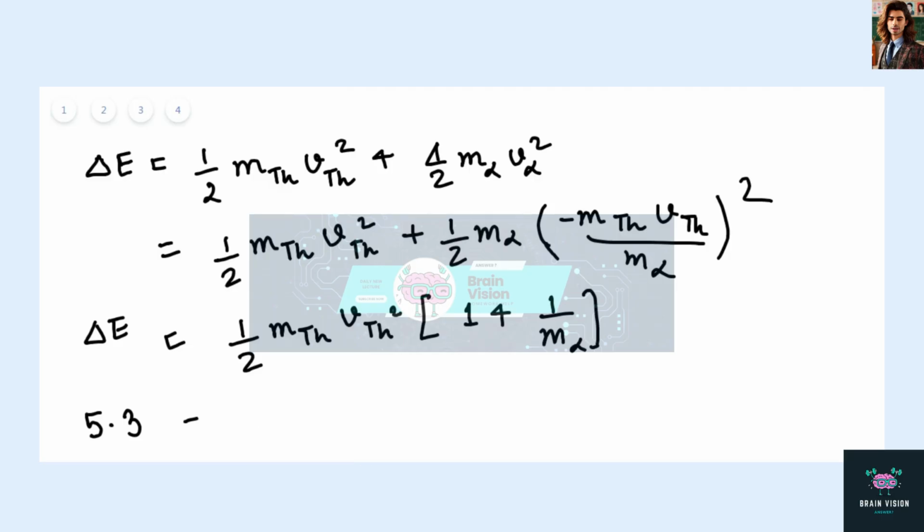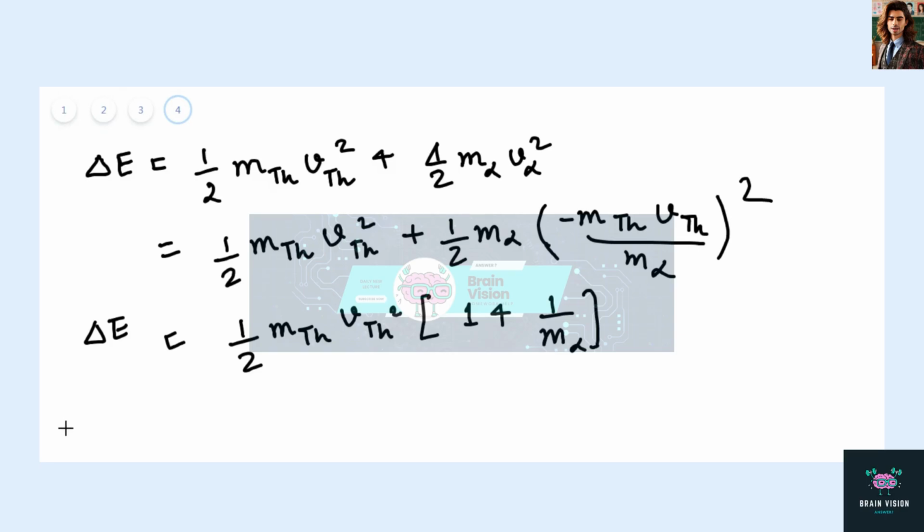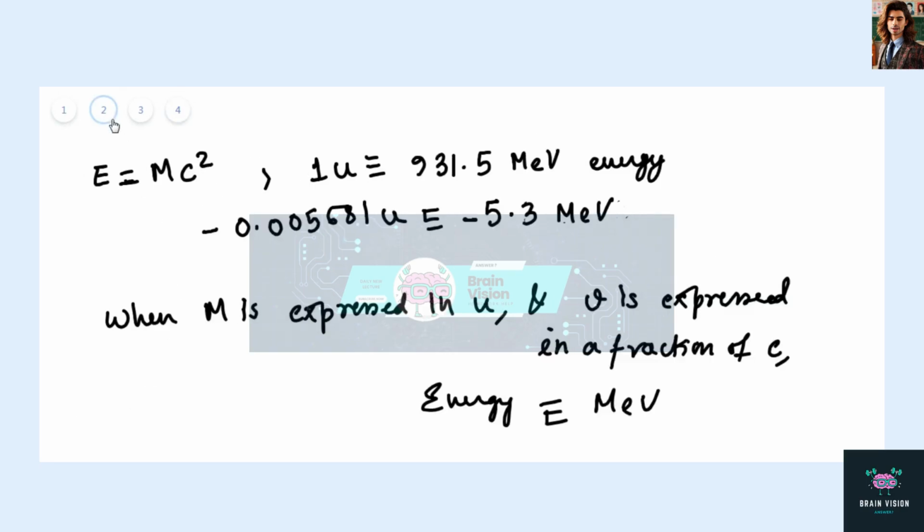Sorry about it. Hold on. The trick we use here of having it in MeV, we can go back and talk in terms of u, right? I'm taking the time just to convert the units. It's important, otherwise your math will be messed up. So you use this value. We use this value here finally. So energy can be expressed in mass also, as you can see, E equals mc square.